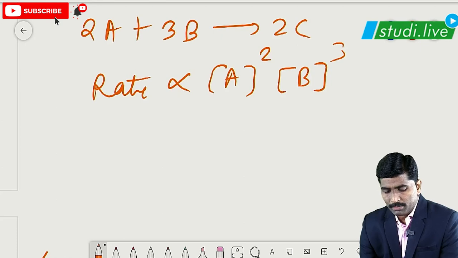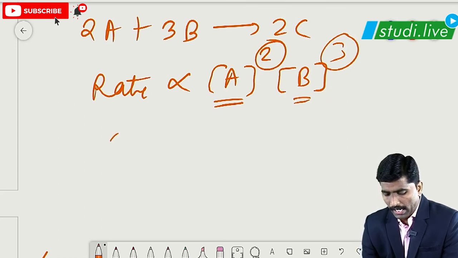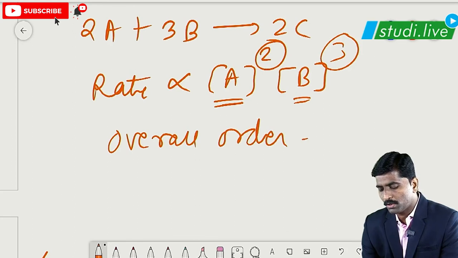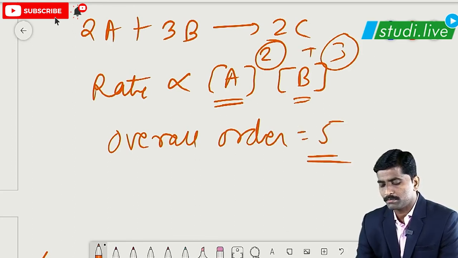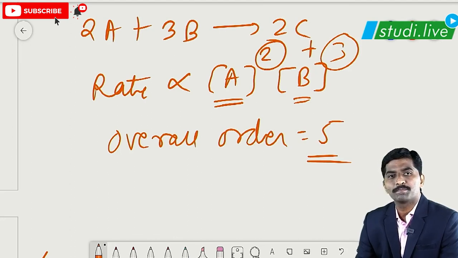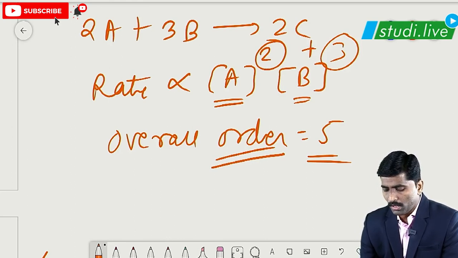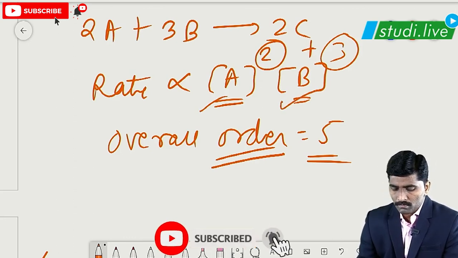What I will describe is that the order of this reaction with respect to A is 2, with respect to B is 3, and the overall order of this particular reaction is 5. What I did was sum up these two exponents. So overall order is nothing but the summation of the exponents in the rate law, or it can be expressed with respect to the individual reactant, correct?